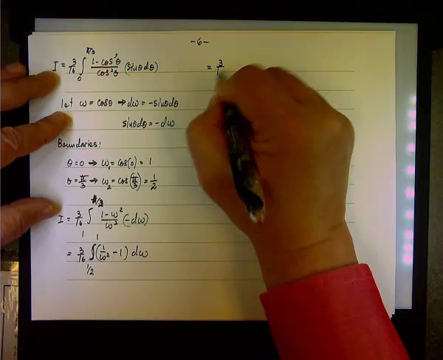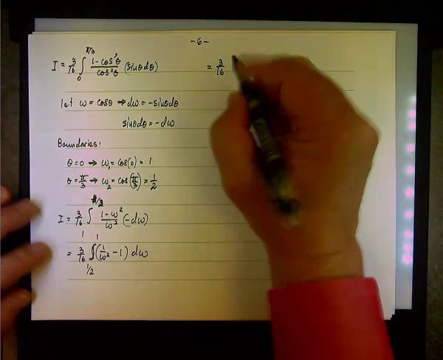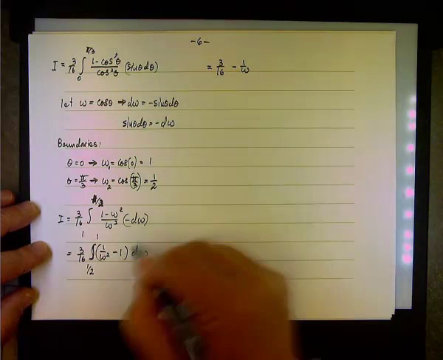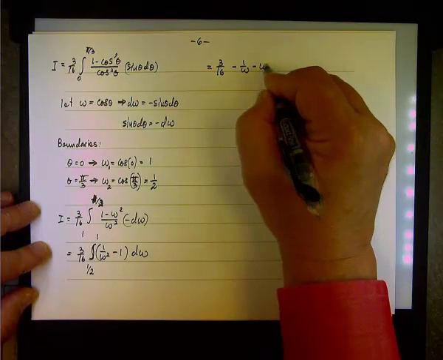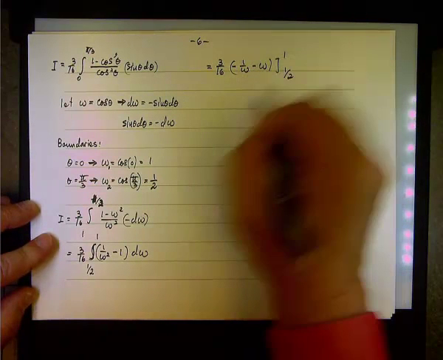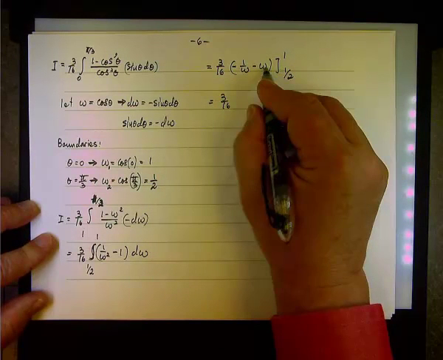It will be 3 over 16. This is w to the negative 2, so the antiderivative will be negative 1 over w, and this will be simply w, evaluated from 1/2 to 1. We can rewrite it as 3 over 16.